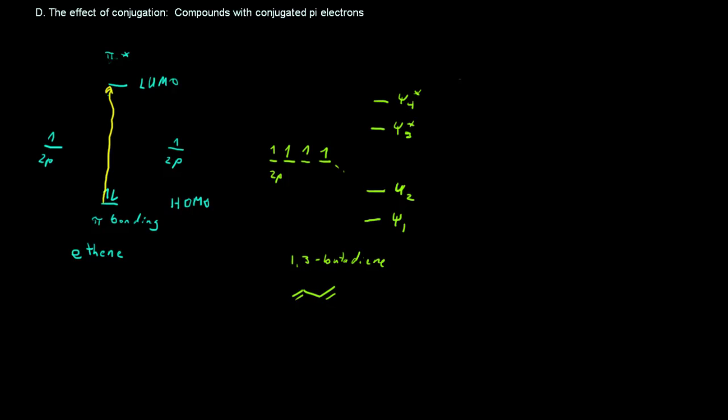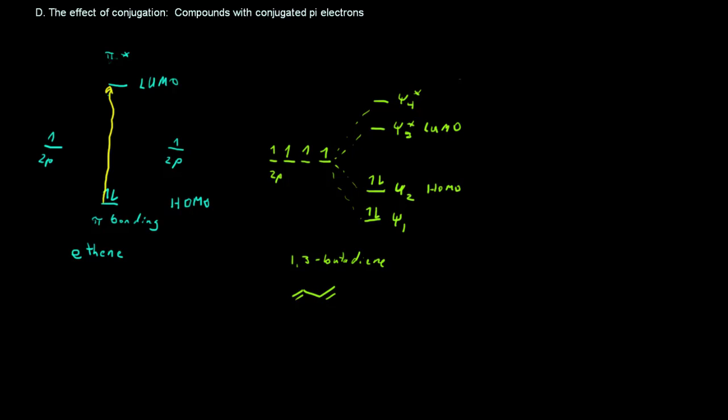And so the 4 available 2p electrons end up in the 2 pi molecular orbitals, the psi1 and psi2, and those are what give us these 2 pi bonds. And so the HOMO now is psi2, and the LUMO is psi star 3.